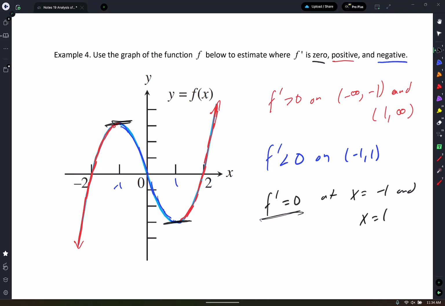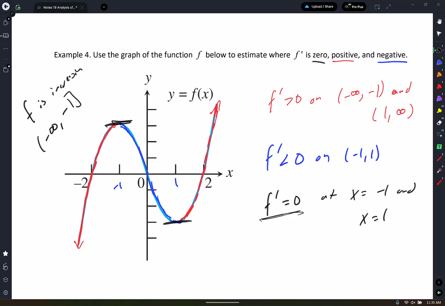By the way, guys, I just want to make sure that you understand. You know that f is increasing on the closed interval negative infinity all the way to negative 1, with a bracket, right? Why is f prime equal to 0 at x equal to negative 1?